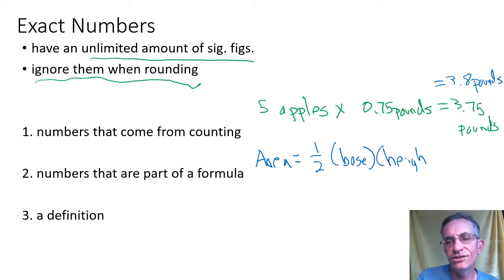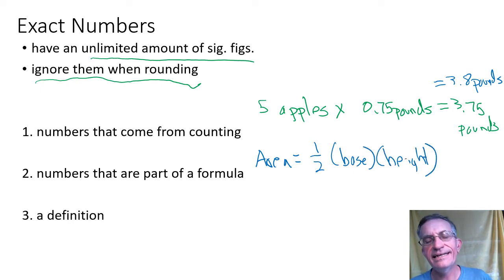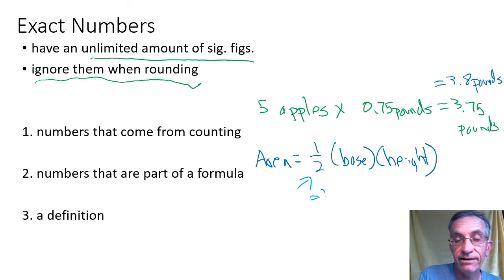If I said do it and then round it, you would not worry about how many sig figs are in the half when you decided how to round your answer. Let's say you measured the base, the width of the triangle, and it's 8.8 centimeters.